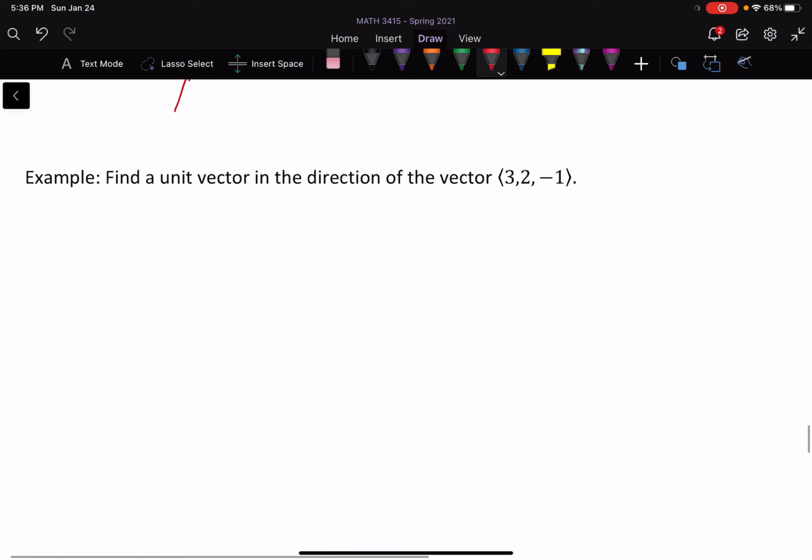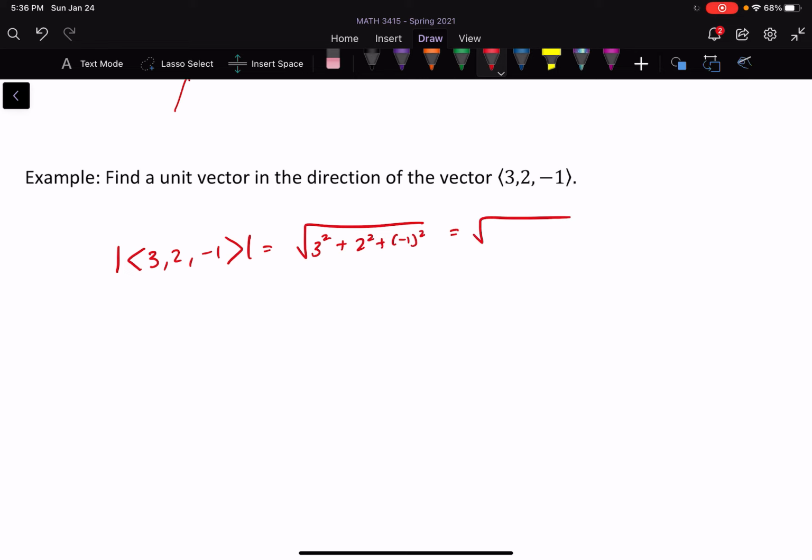So the magnitude of 3, 2, negative 1 is the square root of 3 squared plus 2 squared plus negative 1 squared, which is the square root of 9 plus 4 plus 1, which is the square root of 14.